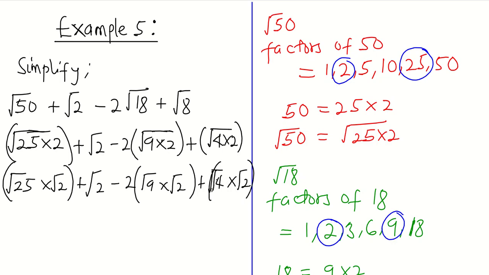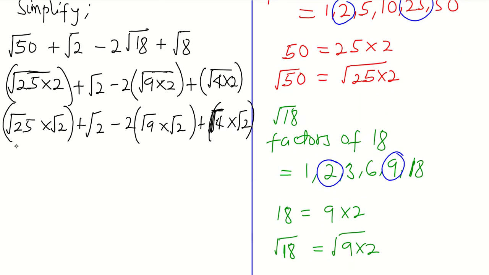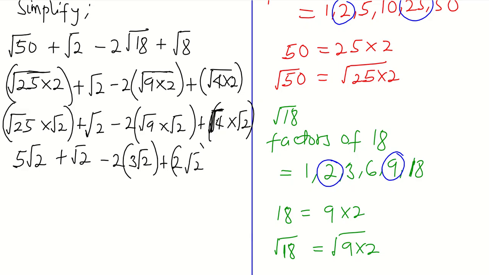Now, square root of 25 is 5, and we have square root of 2 plus square root of 2 minus 2 maintained. Square root of 9 gives us 3, and we bring square root of 2 plus square root of 4 which gives us 2. So we have 2 square root of 2.